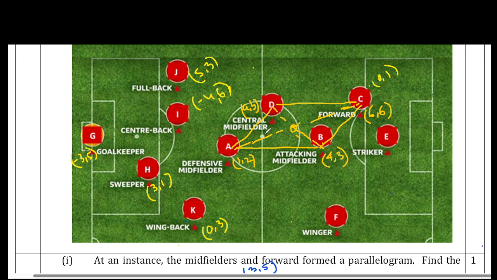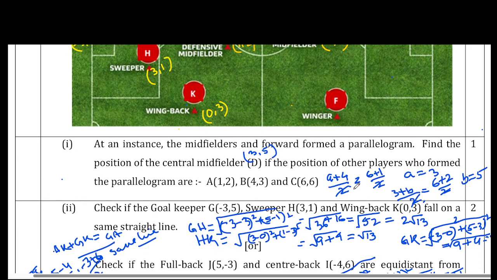So find the midpoint value: a plus 4 divided by 2, b plus 3 divided by 2 will be equal to this, 1 plus 6 divided by 2, 2 plus 6 divided by 2. So if you equate them like this, you will get a equal to 3, b equal to 5.